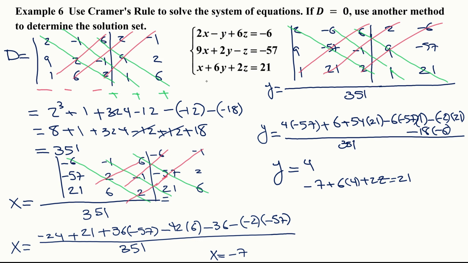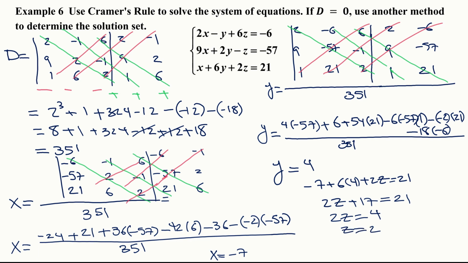So we get 2z, negative 7 plus 24 is 17, so plus 17 equals 21. So 2z equals 21 minus 17, which is 4, so z equals 2.